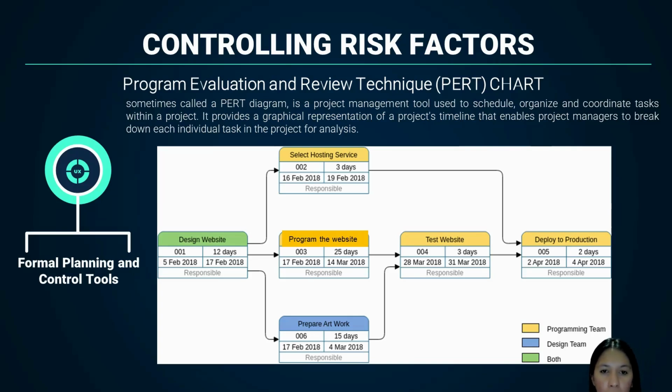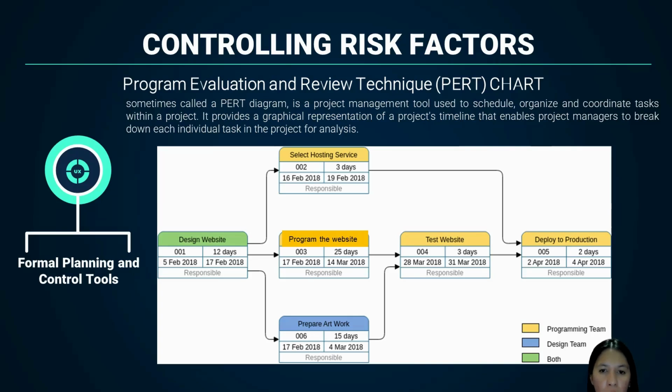And then the third task also can be done together with those two, which is to program the website. This will last for 25 days. This is where the coding begins on the web development. Then after that, they can test the website for 3 days.